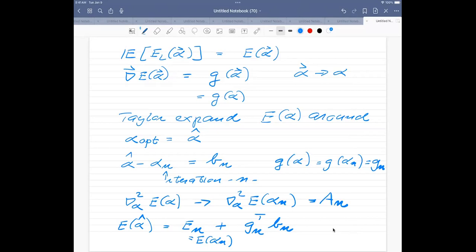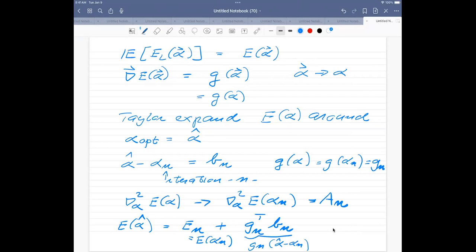If you just have a scalar, that would be the derivative G of n multiplied with alpha hat minus alpha n. But now, since I can have more than one parameter, these are vectors, and the final energy is a scalar, so I have to take the inner product.